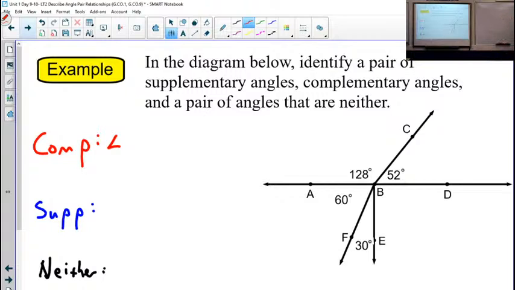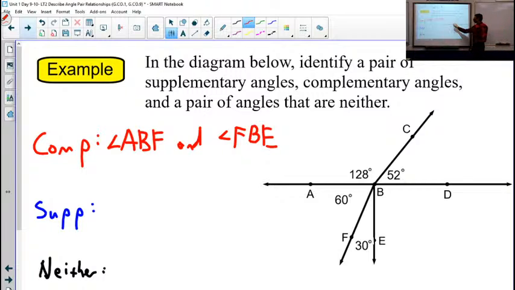For complementary, I'll give you complementary. We have angle ABF and angle FBE. So let me show those in the diagram. Remember, this traces out the angle, vertex in the middle. Vertex, the point that the angle originates and comes out from, in the middle.